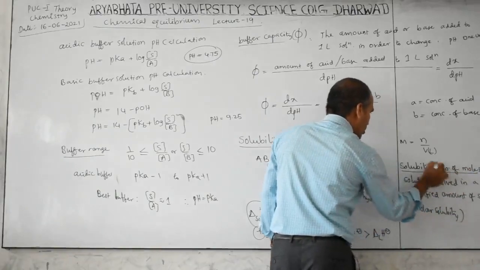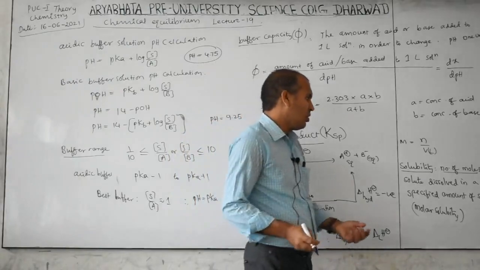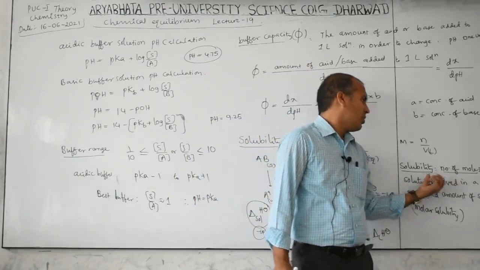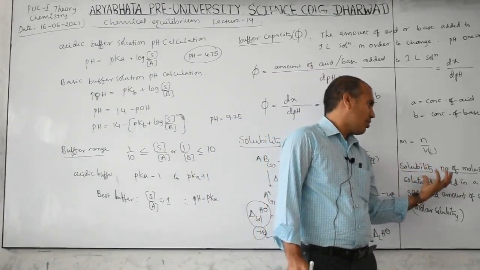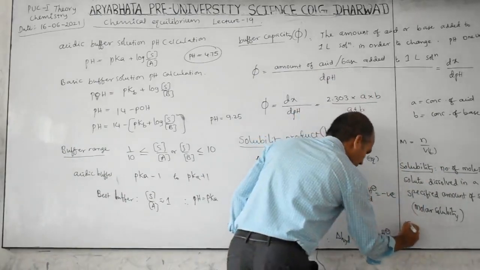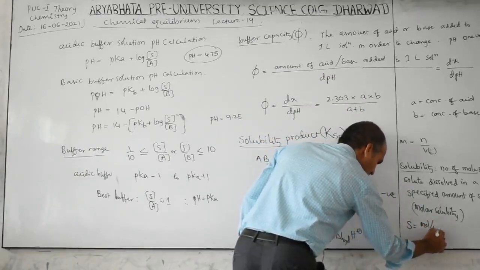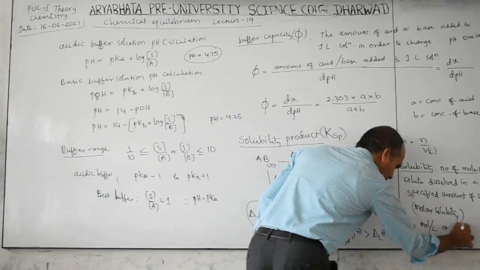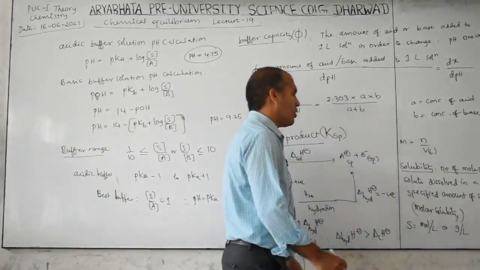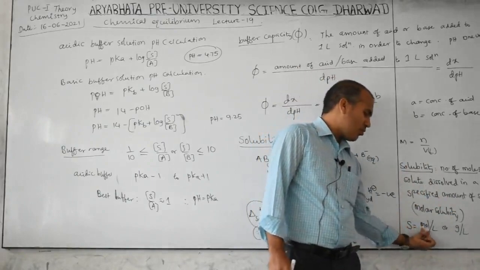When the number of moles is used, it is molar solubility; otherwise, if a mass is given, solubility may be expressed as mole per liter or as gram per liter. Both are known as solubility, but this one is called molar solubility.